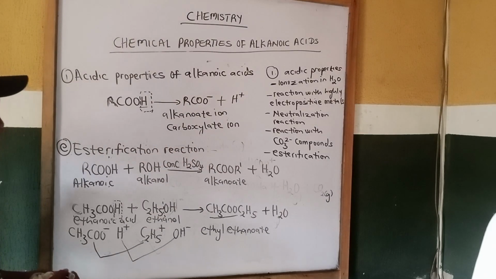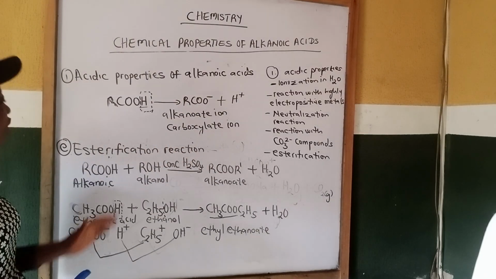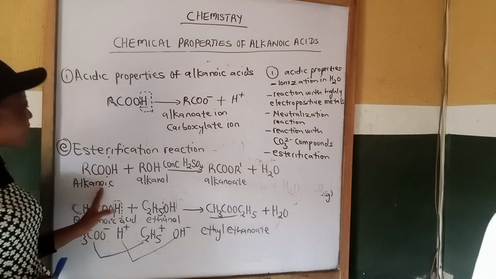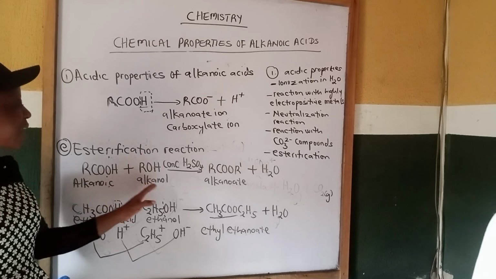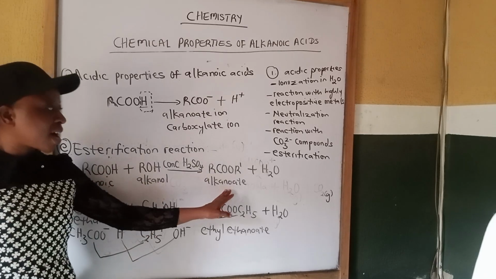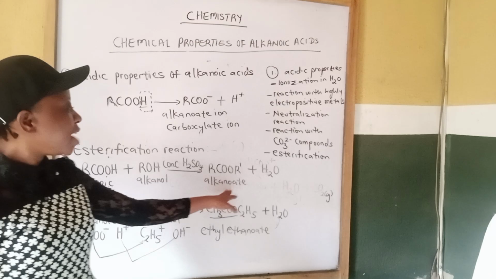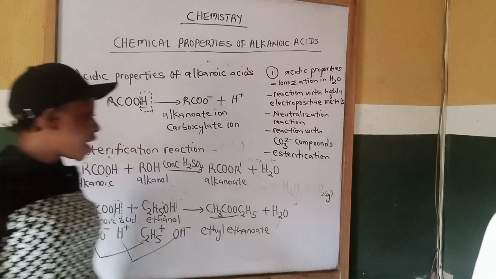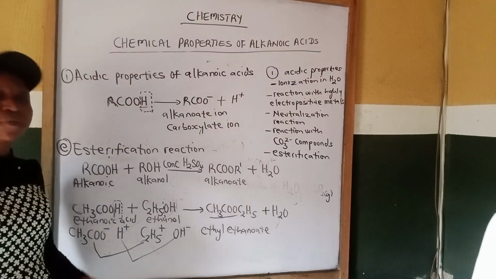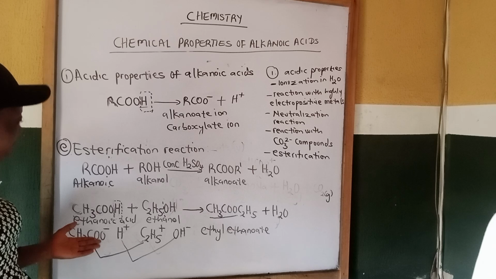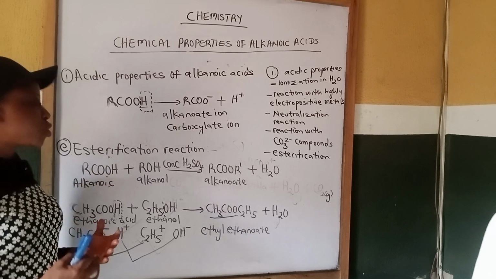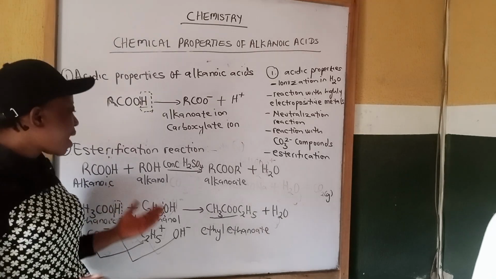Ethyl ethanoate. So reaction between an alkanoic acid and alkanol will give you an alkanoate and water. They can give you any members of alkanoic acid or alkanol.